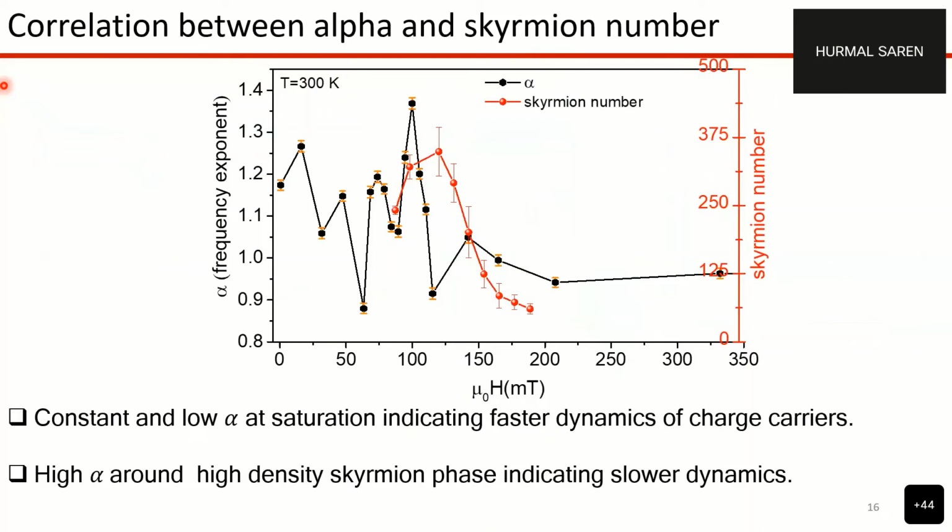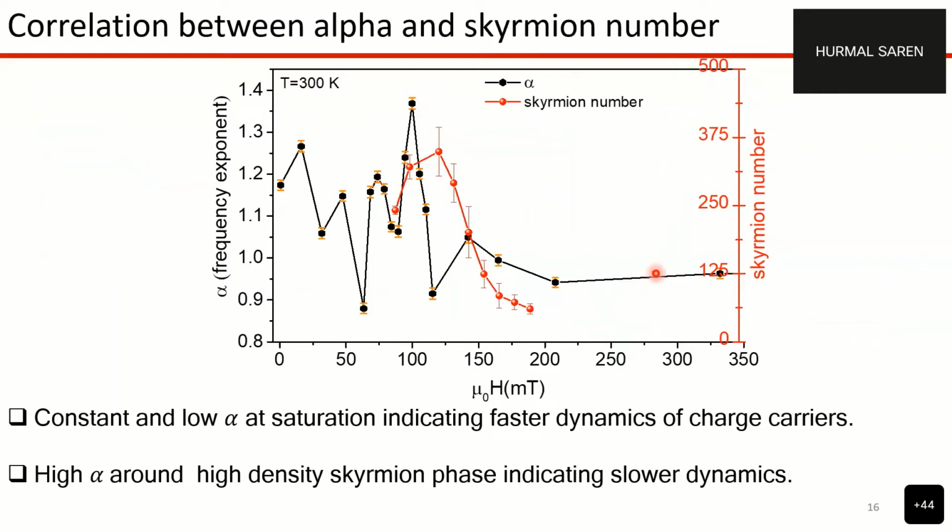Later, we tried to find the correlation between the alpha value, that is the frequency exponent in 1/f^alpha, and the skyrmion number. You can see that this trend is again not straightforward.